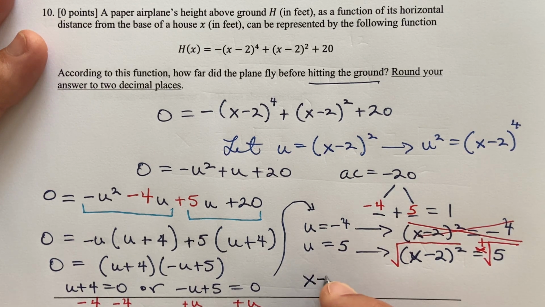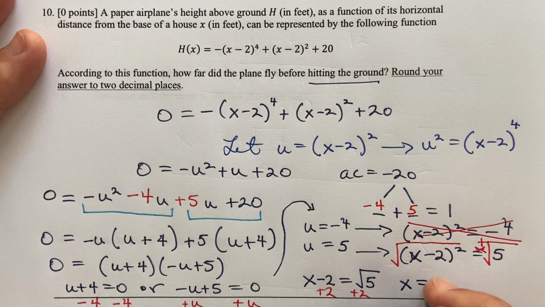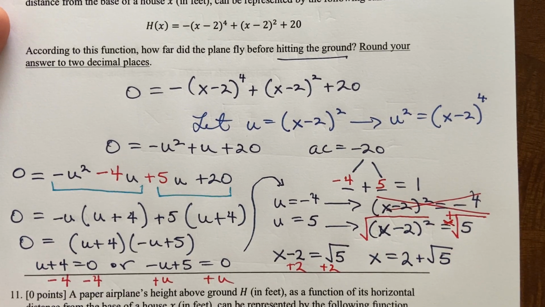So I'd have x minus 2 equals the square root of 5, and then add 2. In other words, x equals 2 plus root 5. That would be the exact distance in feet.